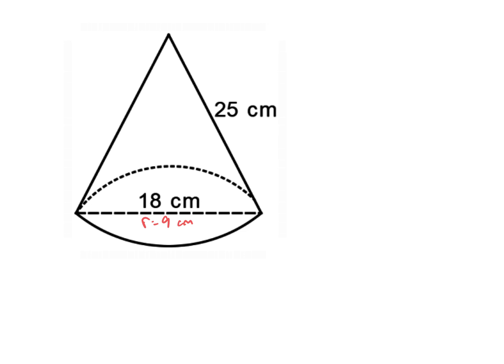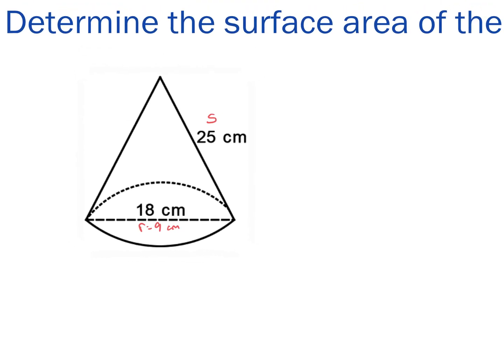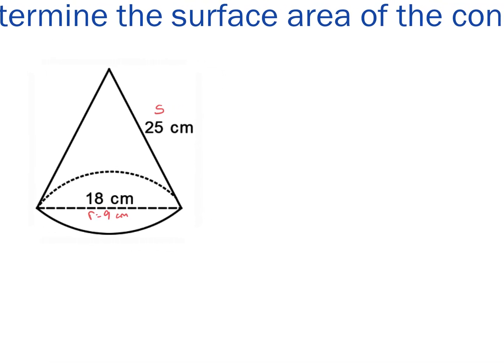What's the 25? Slant height. That is what we want. So all we need is r and s, and we can figure out the surface area. So let's go ahead and find the surface area.